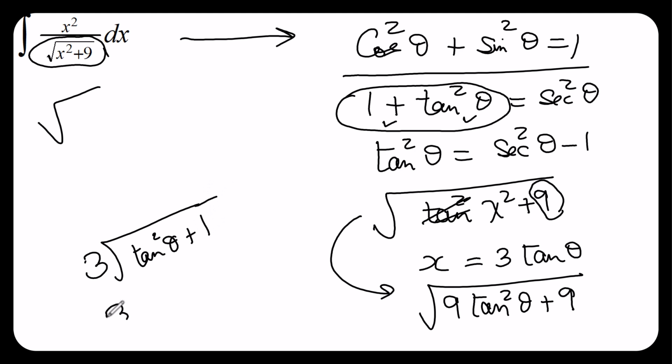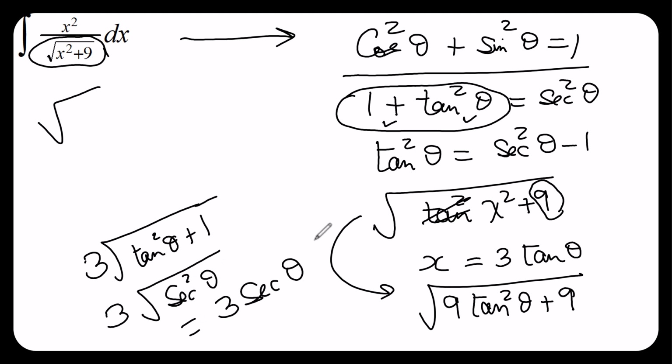Okay, and if we look at the way we constructed our inverse function, here we have secant square theta, but secant theta would be positive in this territory, so we got 3 secant theta. In here, by positive I meant non-negative.